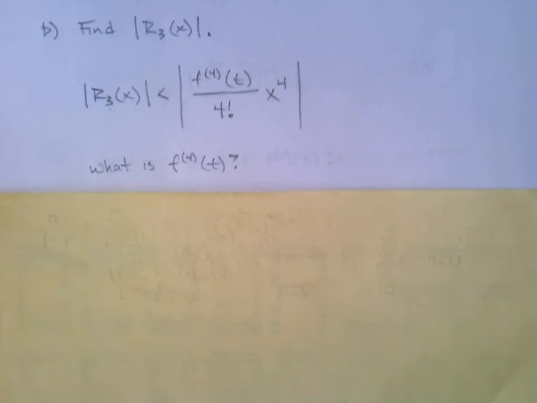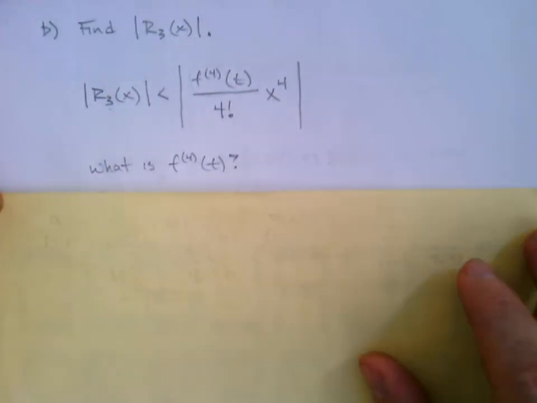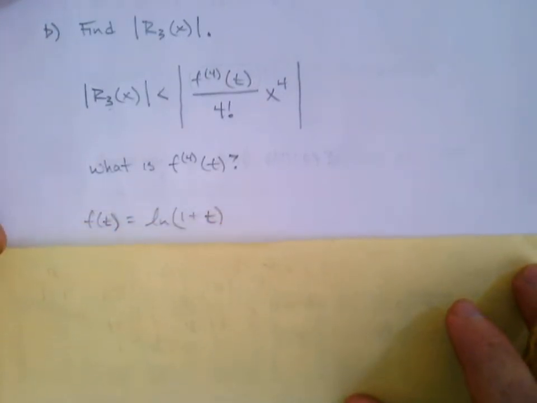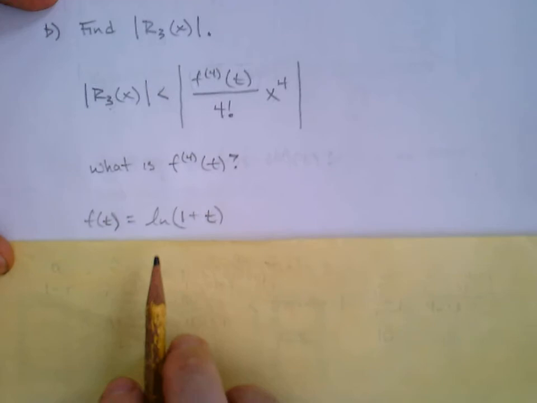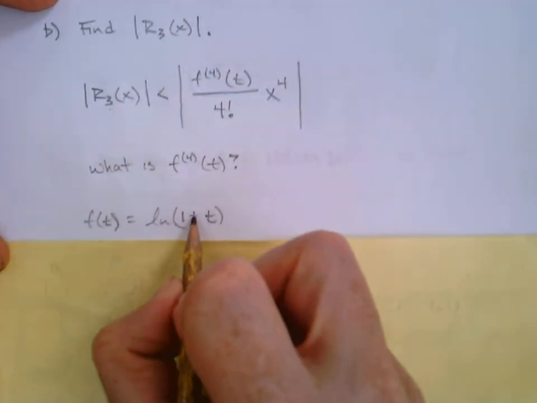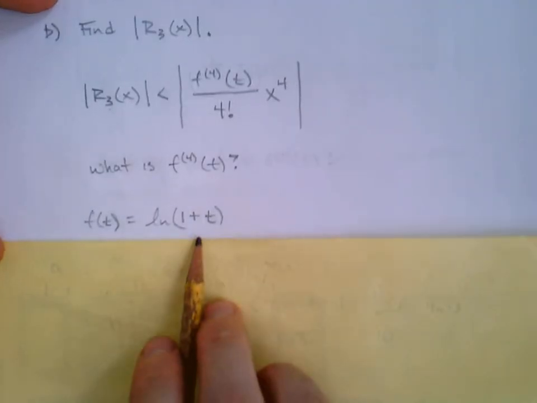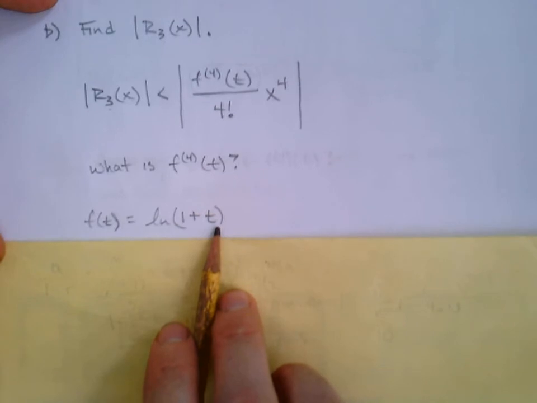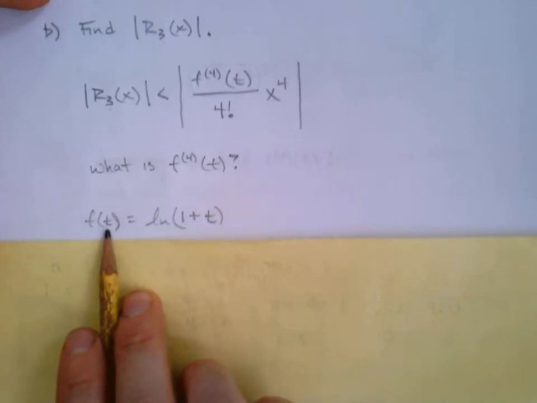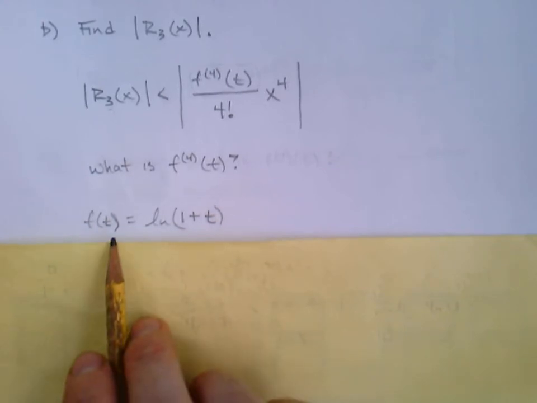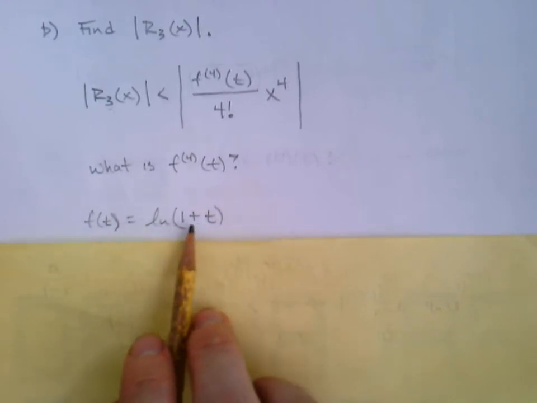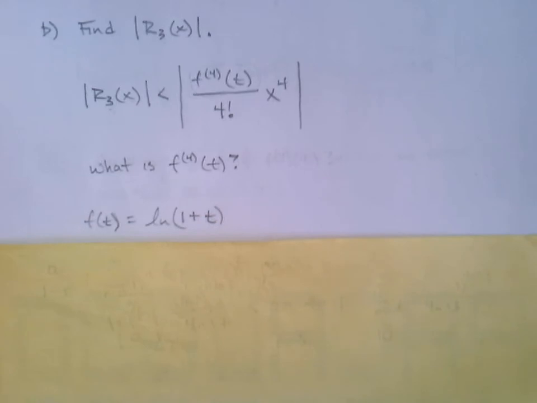First, let's find the fourth derivative. Well, what is f of t, you ask? It's the same function, natural log, that we used for the basic Taylor series, natural log 1 plus x, but we think of it as having the variable t. The reason they use the variable t is simply not to confuse.